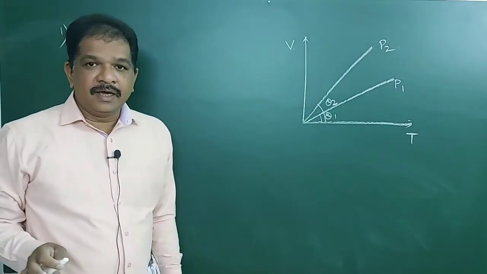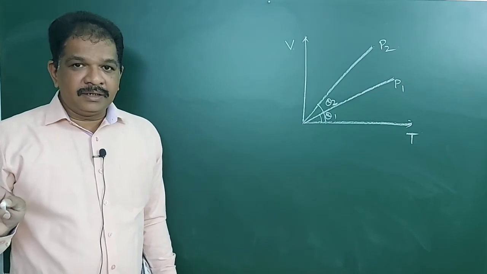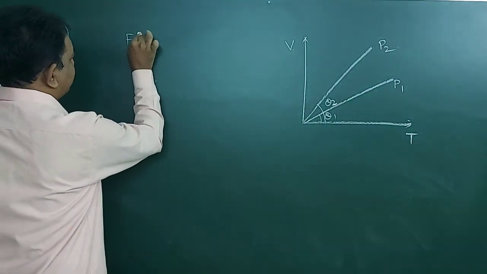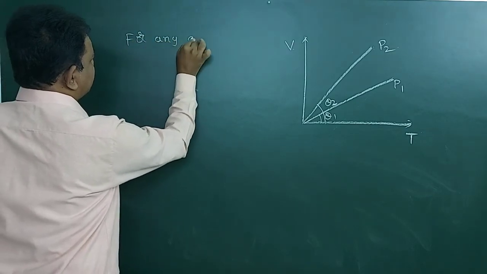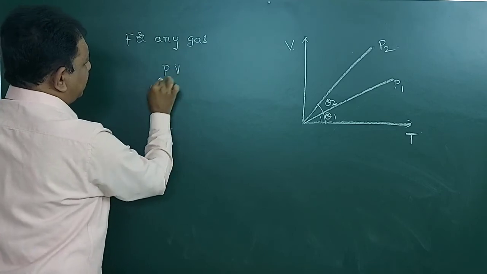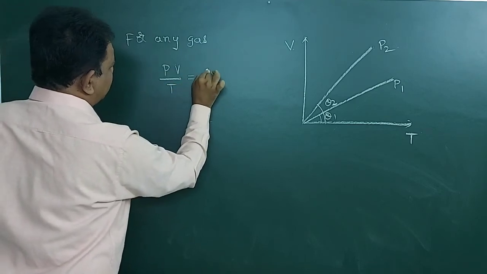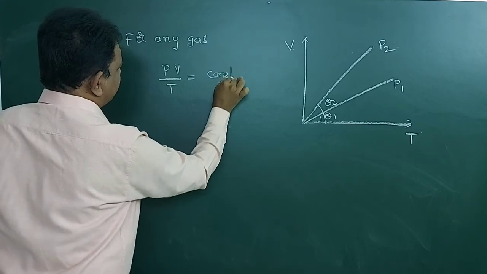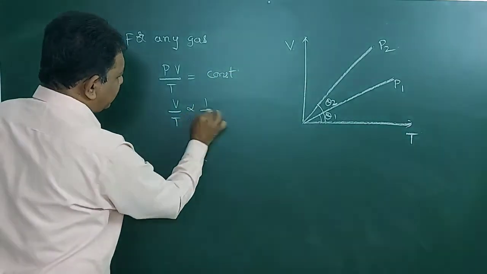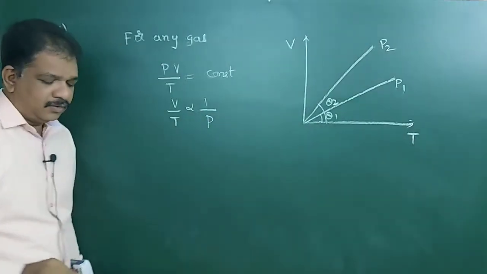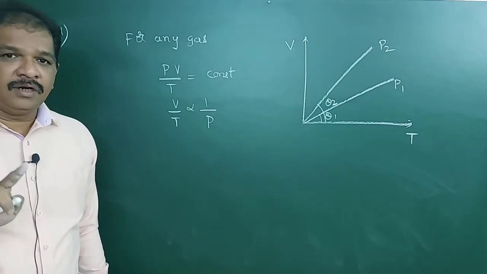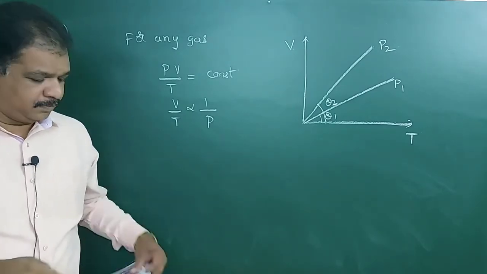For any gas, PV by T value will be constant. So then V by T value will be proportional to 1 by P.